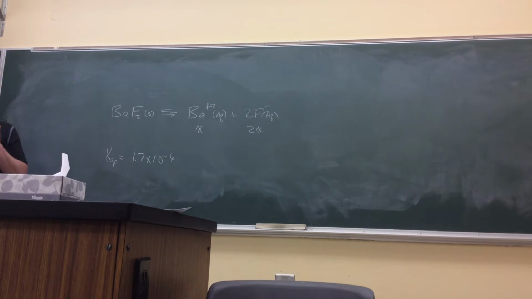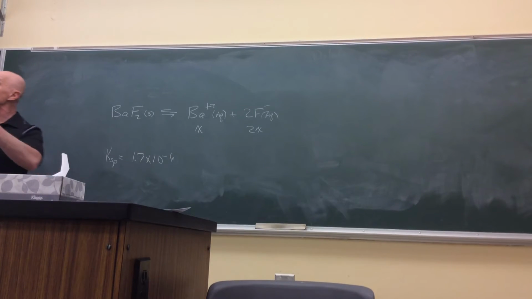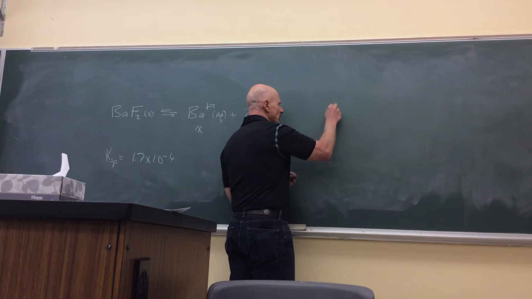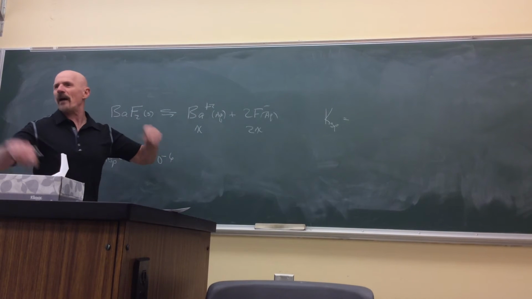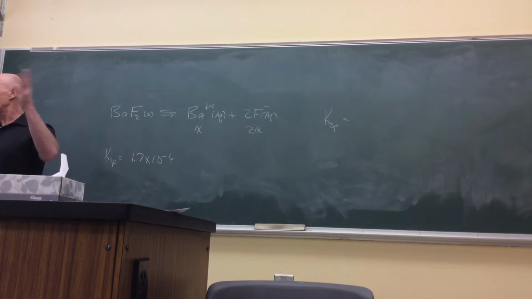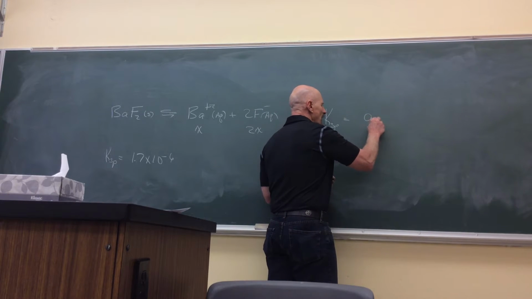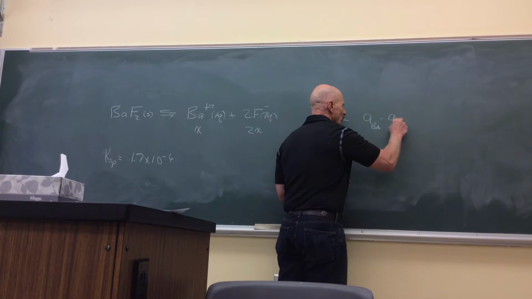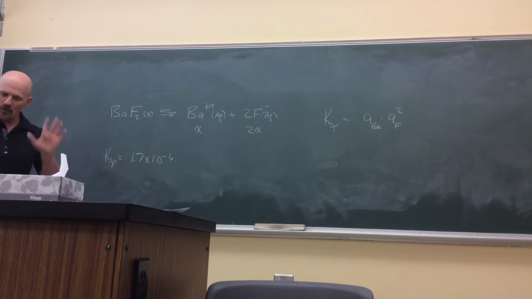Well, now things have changed just a little bit, and we're going to write the equilibrium constant expression in terms of now activities. So let me write my K now. Instead of writing the molarity of barium times the molarity of fluoride squared, I'm going to write this as the activity of barium times the activity of fluoride squared. Okay? That's how we begin.